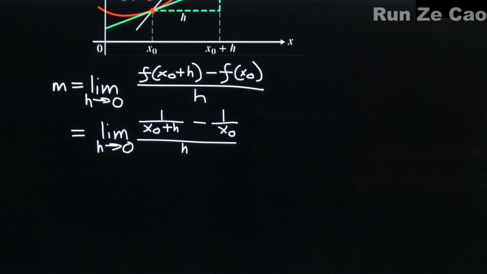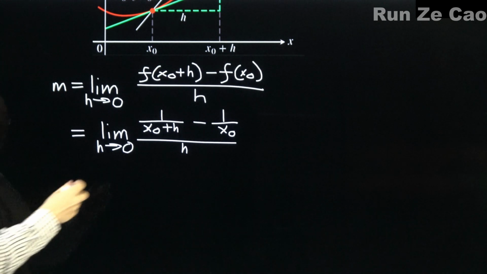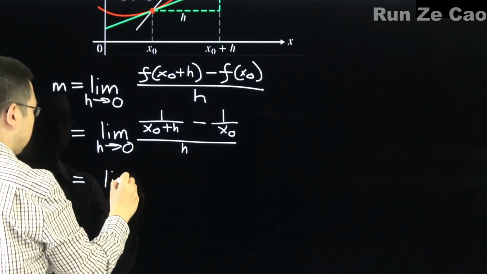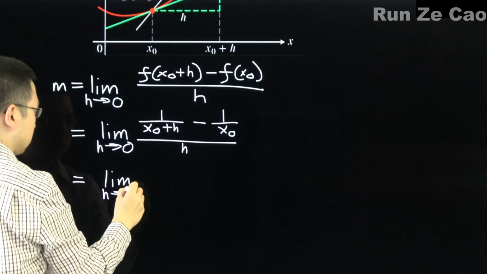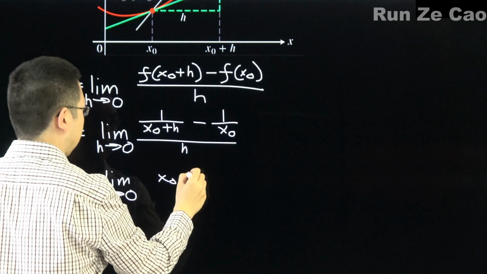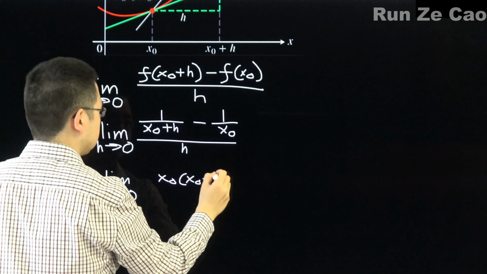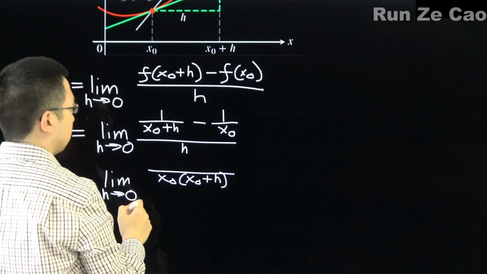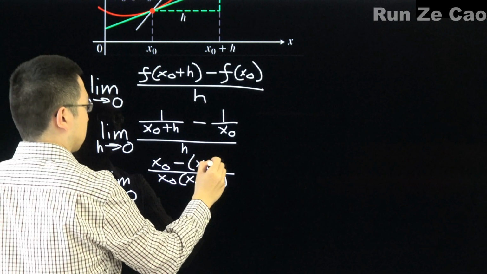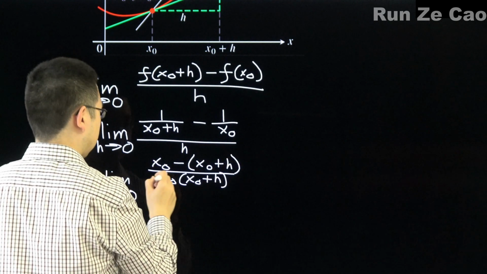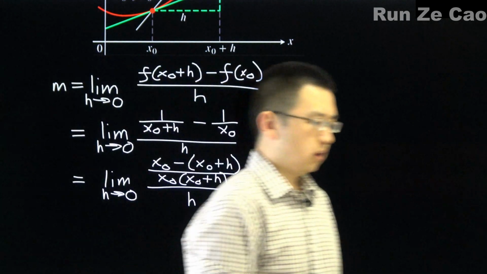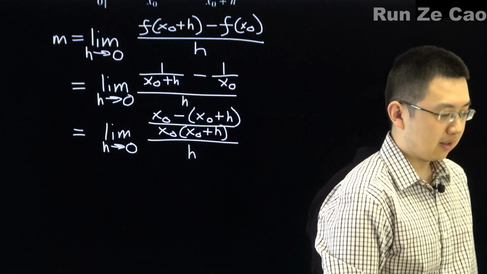So what happens when we do this subtraction? Well, we can multiply these two denominators together, and we end up with the limit as h approaches 0 of, on the bottom, x0 times x0 plus h, and on top, x0 minus x0 plus h. And this is over h.